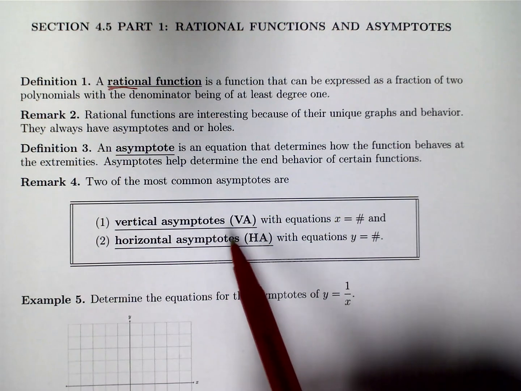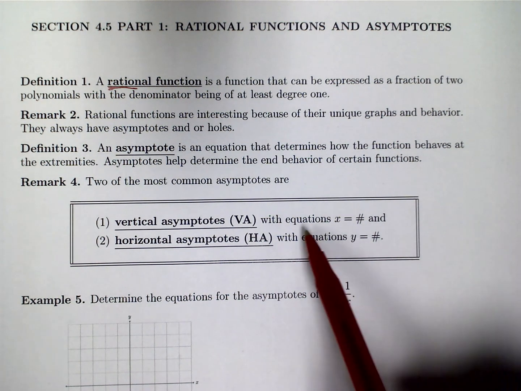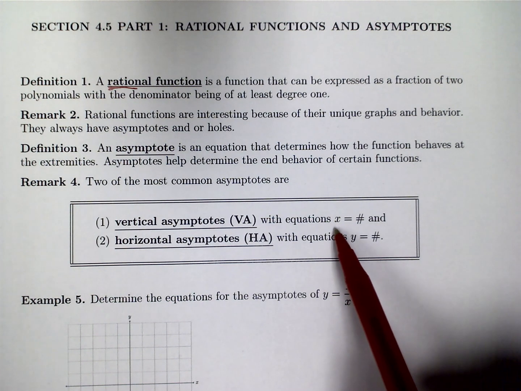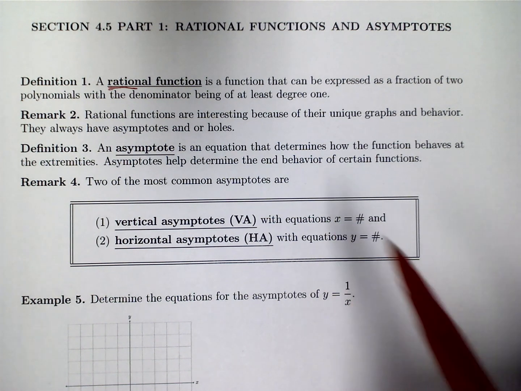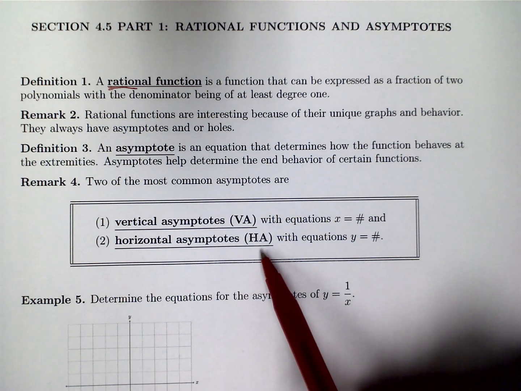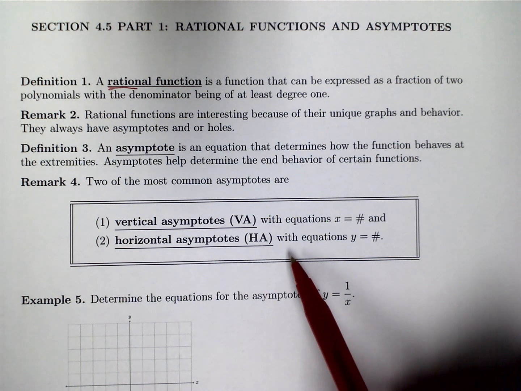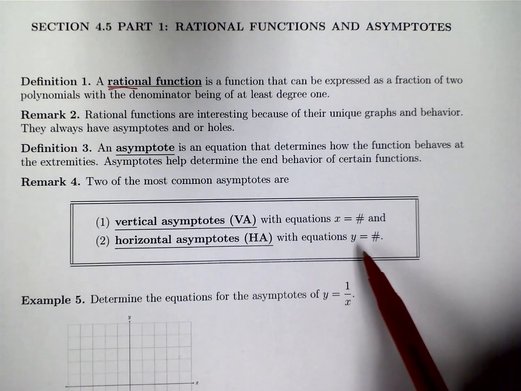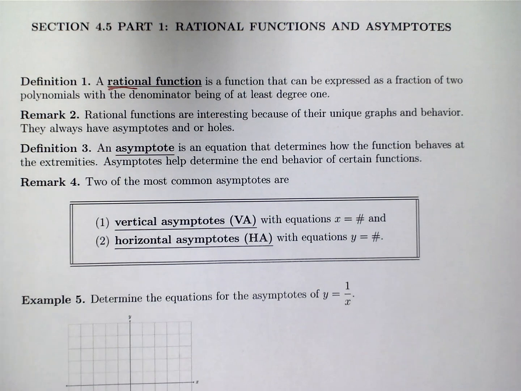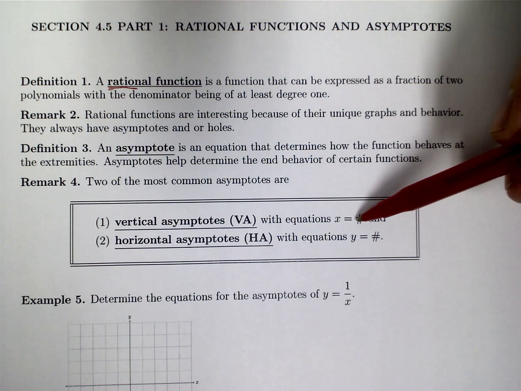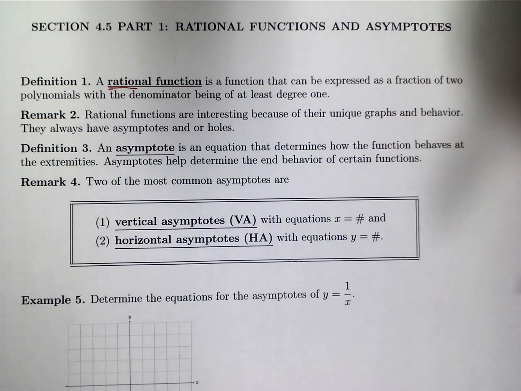So vertical asymptotes are vertical, and the equation that represents a vertical asymptote was unsurprisingly the equation of a vertical line, so x equals a number. And horizontal asymptotes are given by horizontal lines where our graph tends towards, and they're given by y equals a number.